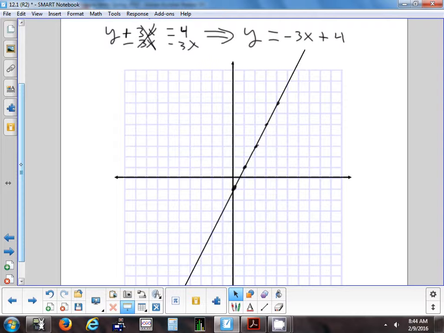All right, and my second one. Who can tell me what I have to do to graph this one? Zach, can you tell me how I'd graph y equals negative 3x plus 4? Good. Put a dot up 4. And then where do I go from there?